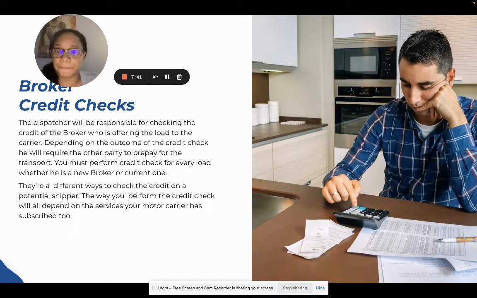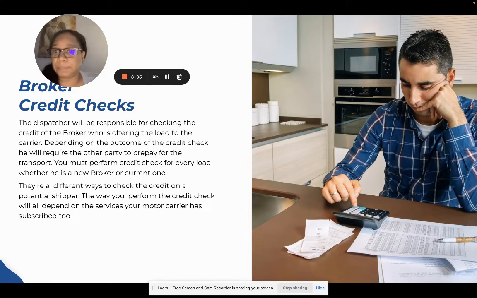So basically, you go on that load board, and there's a spot on there where you can check to see if they pay their people on time, because you don't want to work with somebody who's not going to be able to pay you. It says like over, I would say like over 87% or whatever. I would say like in the 90s, to tell you the truth. But it is on that load board. You will see how you will be able to check the credit of the broker.